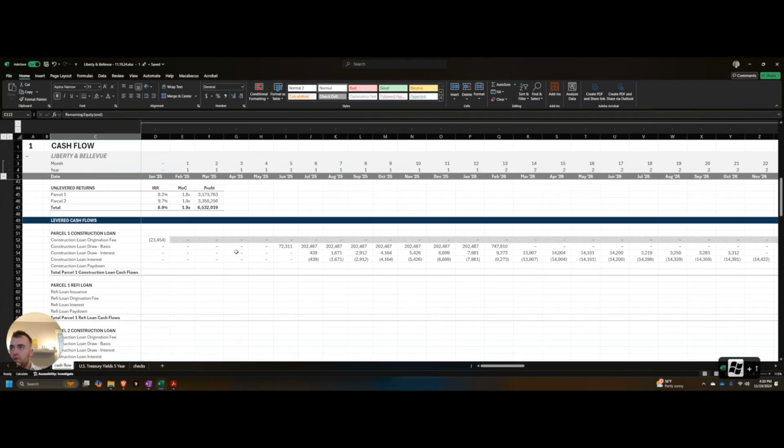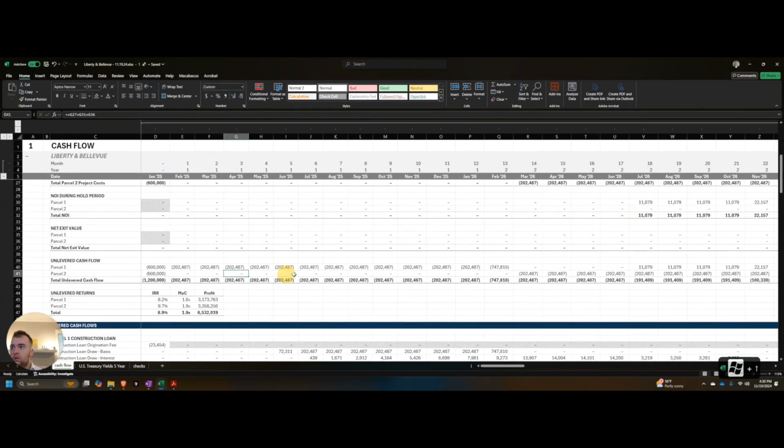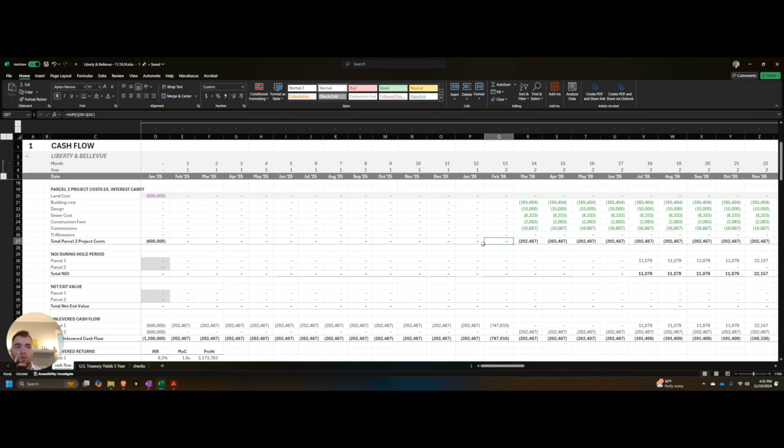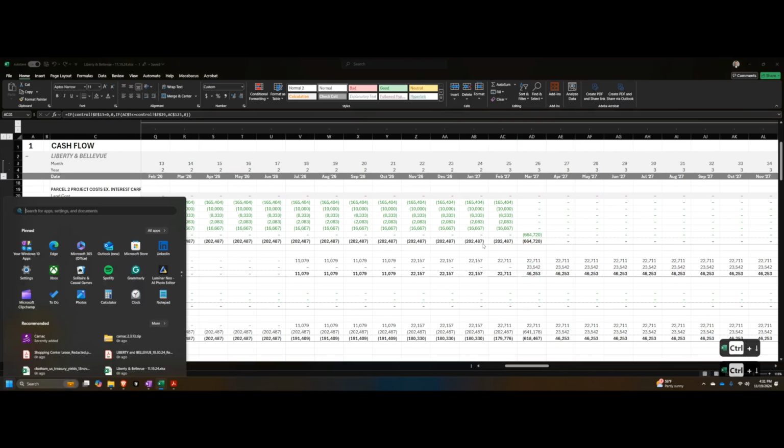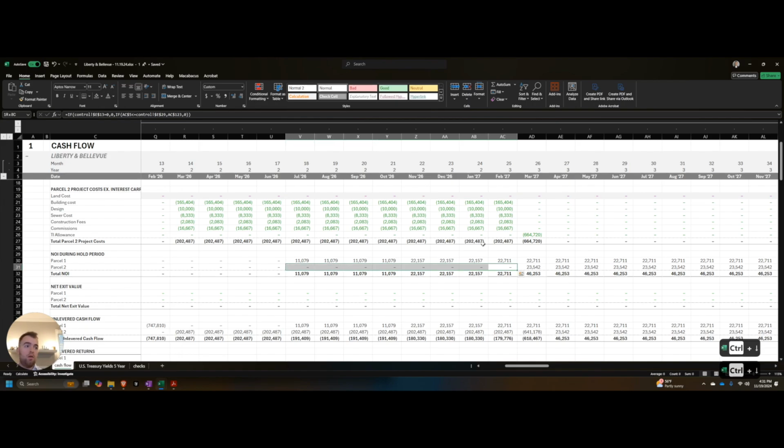So looking at parcel 2 costs, I have parcel 2 project costs, and then I start earning right then. So parcel 2 is not supposed to be that far behind. Why is parcel 2 so much? It's only 8.